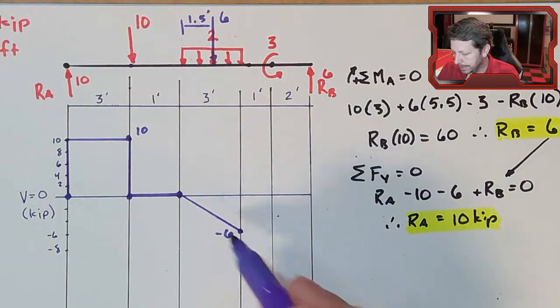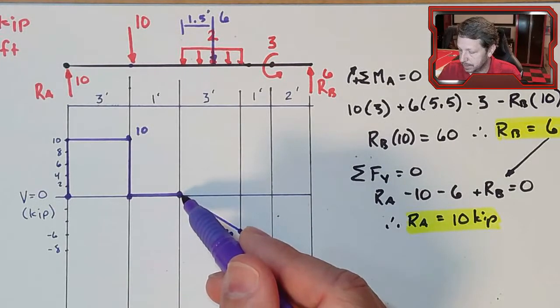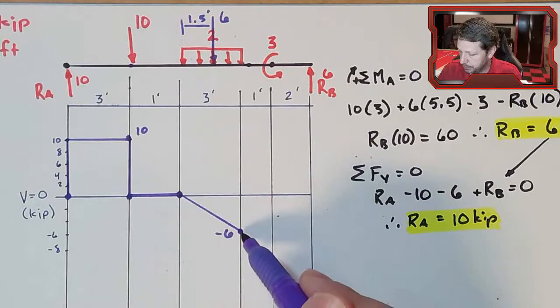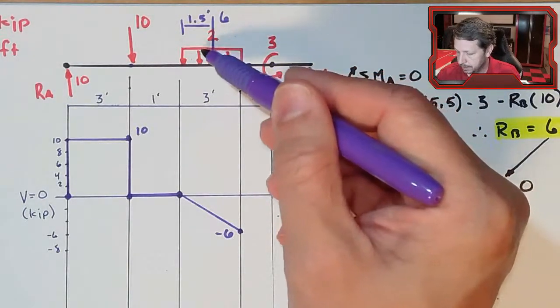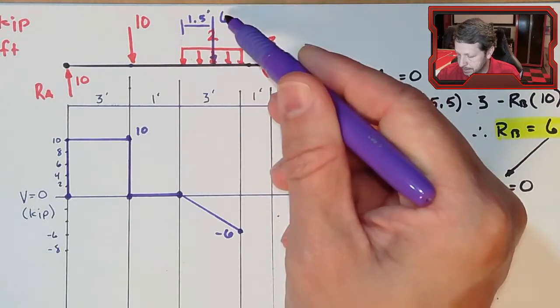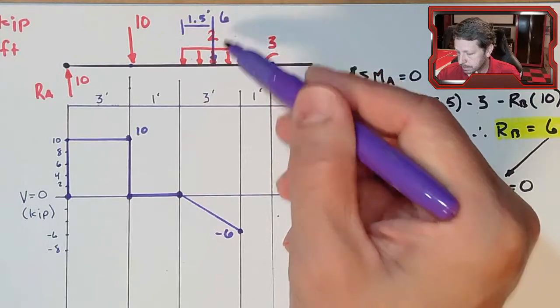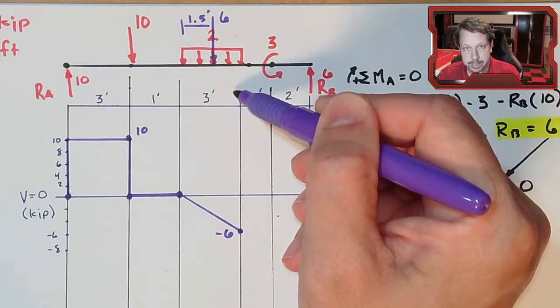And I know to go down by 6, not go down to 6. In this case, it goes down to 6 because I started at 0. But I know from this point to this point, the height here would be negative 6, because the total area under this distributed load is 6 kips. It's 2 kips per foot spanning 3 feet, which is 6 kips.